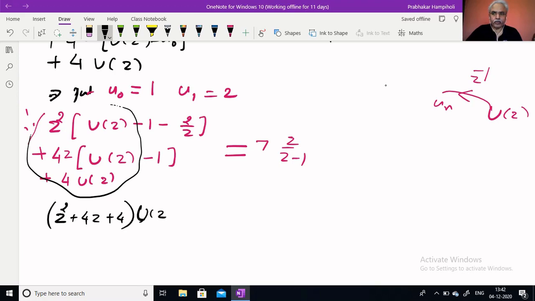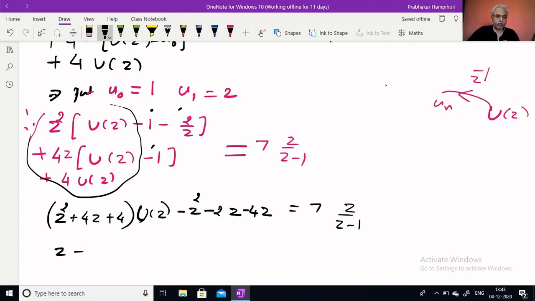Dear students, first we collected all the u of z terms, then the remaining terms we multiply inside. What you will get? Minus z square minus 2z minus 4z. So here are the 3 terms, with the right hand side as it is.